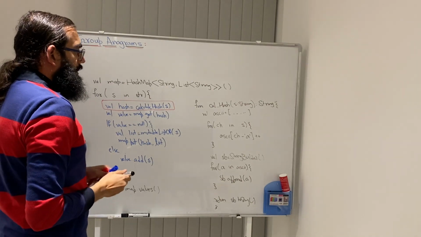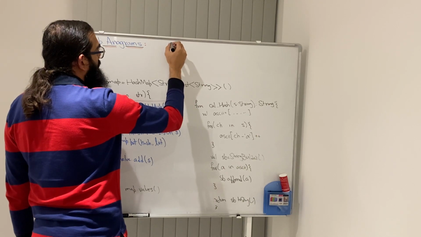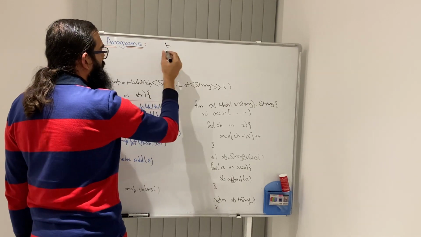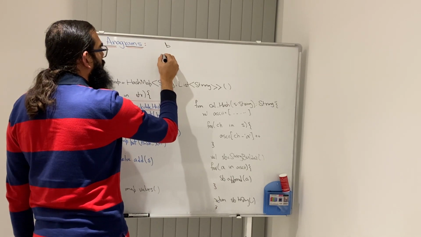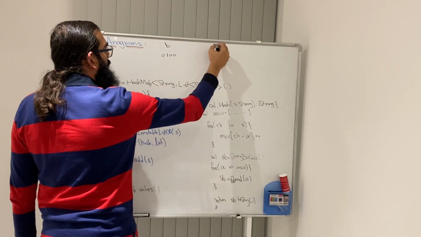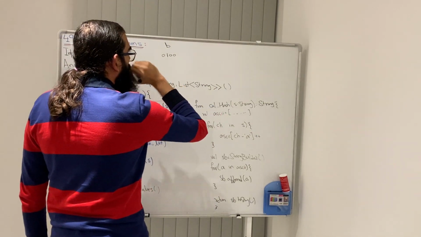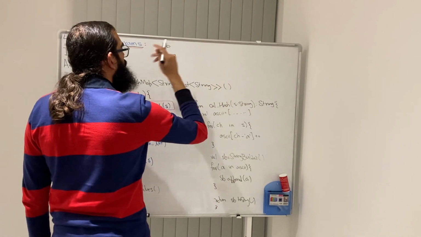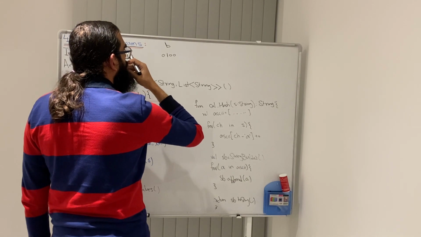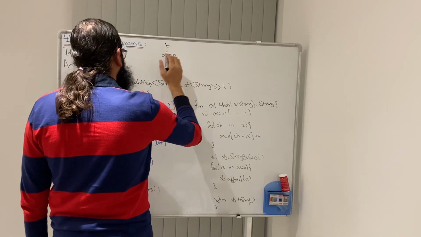Now in case I have a string, maybe B, in this case 0 1 0 0, and I have another string.